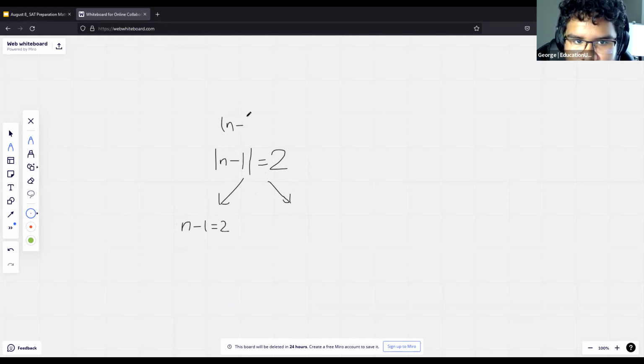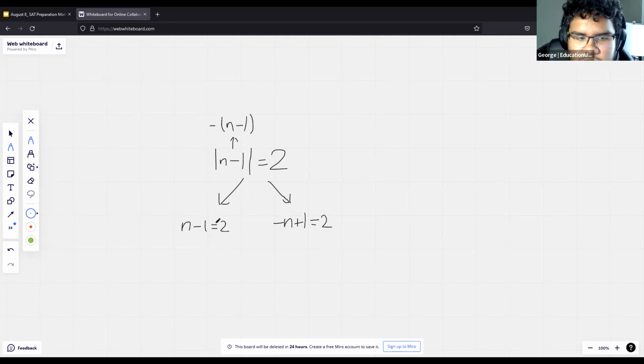So you would basically take the inside of this and negate it, and then solve the equation that way. So you would get negative n plus 1 equals 2. And from here, you would have to solve for both of these equations to get both possible answers of n. Or sometimes you may end up getting the same answer for both, but in this case, they will be different.